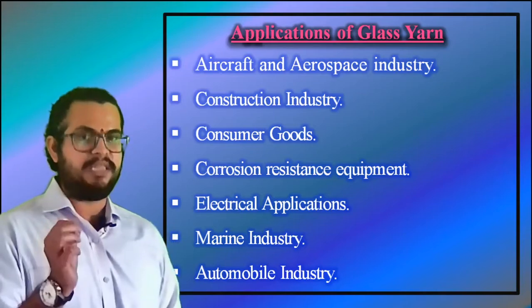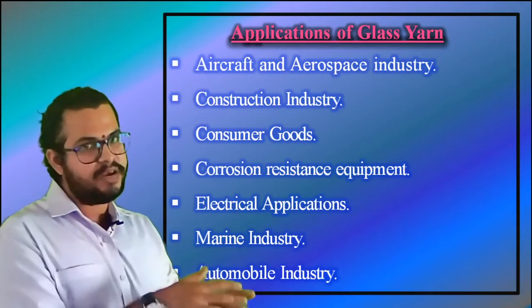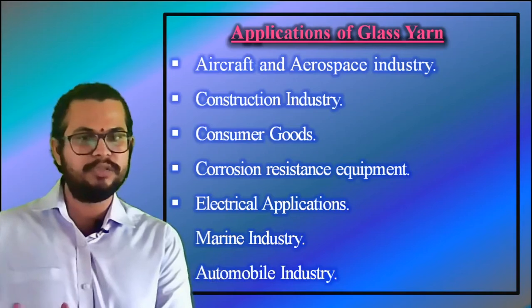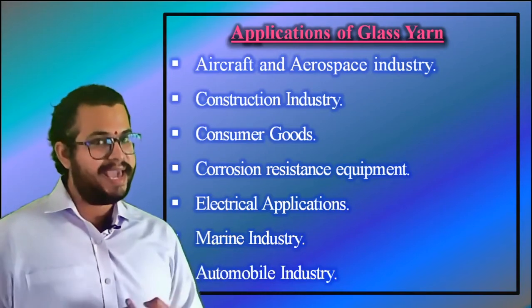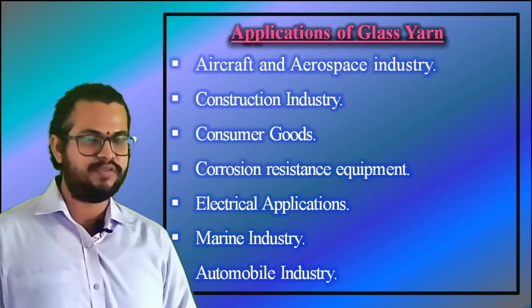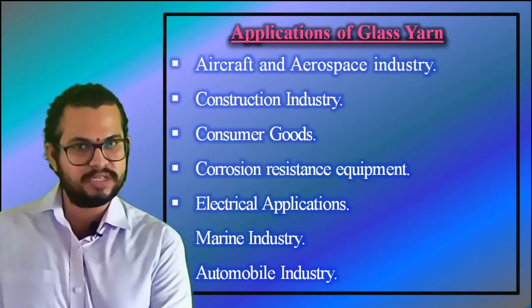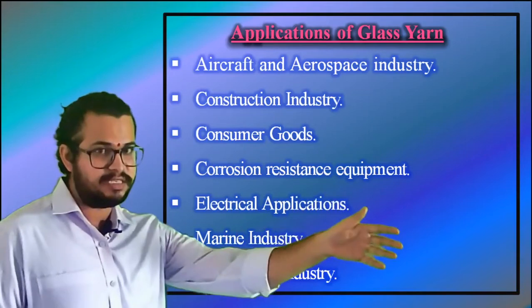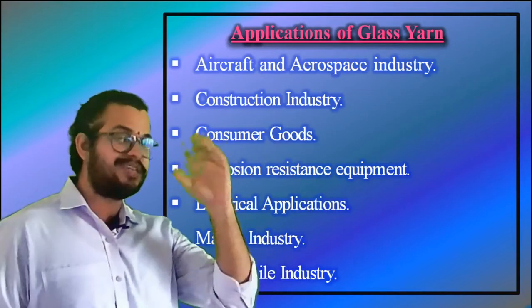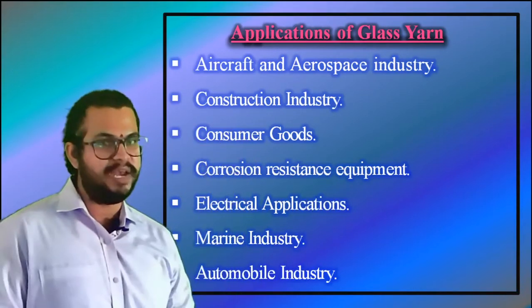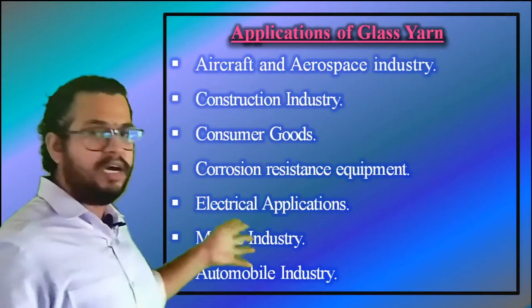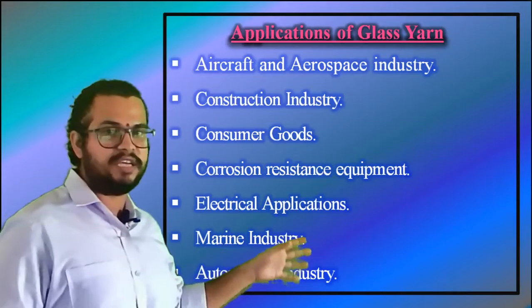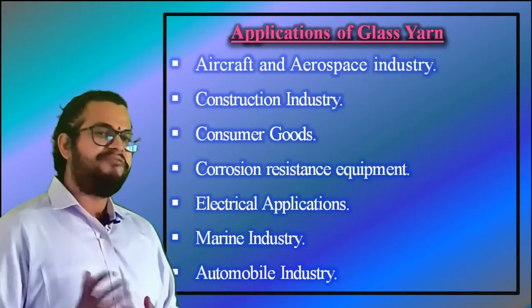Fiberglass is used in the construction of both interior and exterior components of commercial, residential, and industrial constructions, ranging from bathroom fixtures to swimming pool fences to skylights of industrial buildings to solar heating elements. Next, the third application in our list is consumer goods.